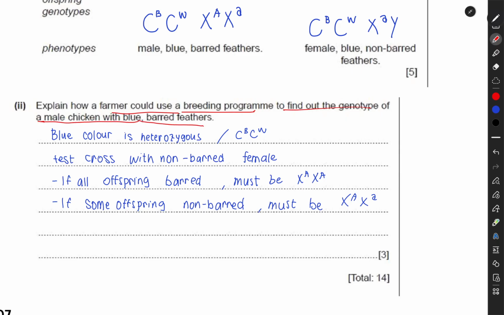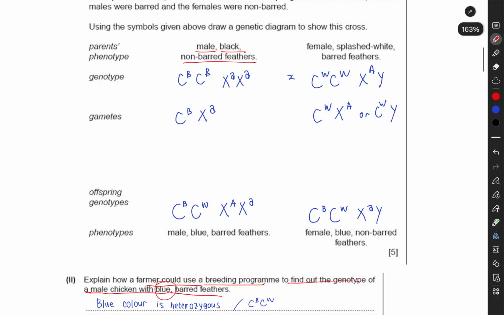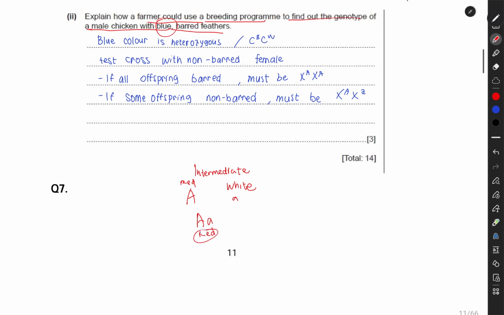Next, explain how a farmer could use a breeding program to find out the genotype of a male chicken with blue barred feathers. So we know that blue is a heterozygote. This phenomenon is called intermediate inheritance. Normally, for example, if one gene is red and the other is white, the heterozygote will be red, but not in the case of intermediate.